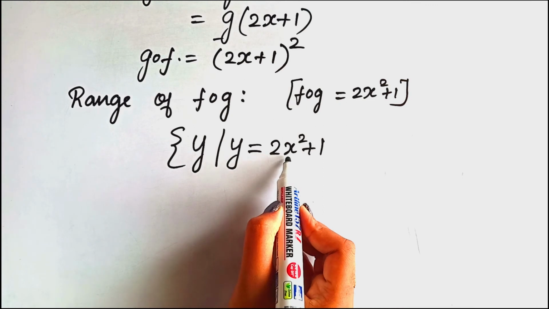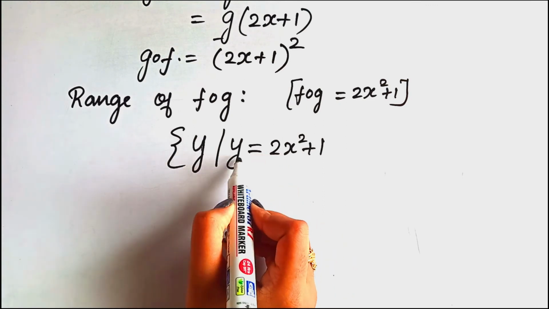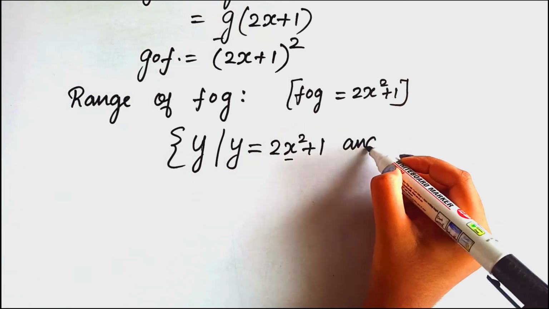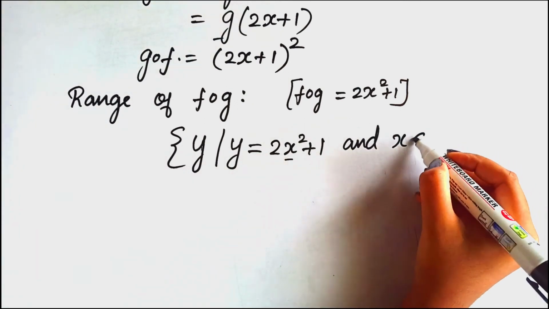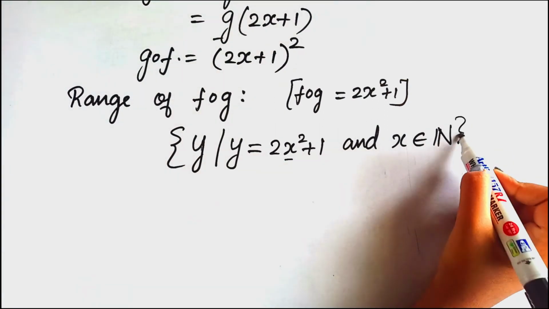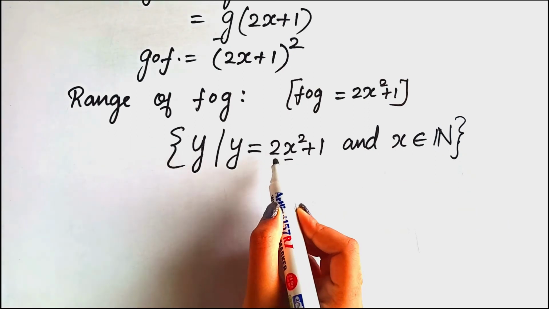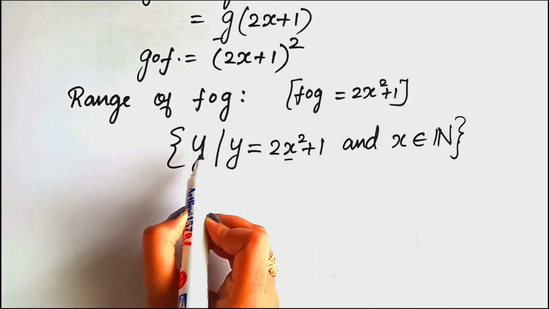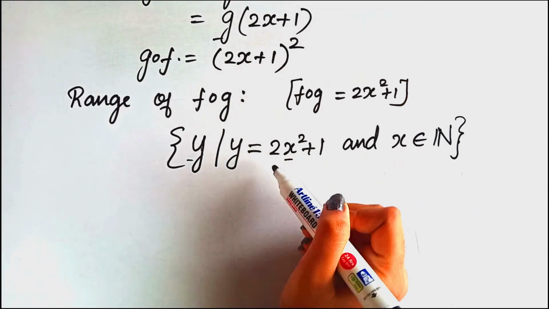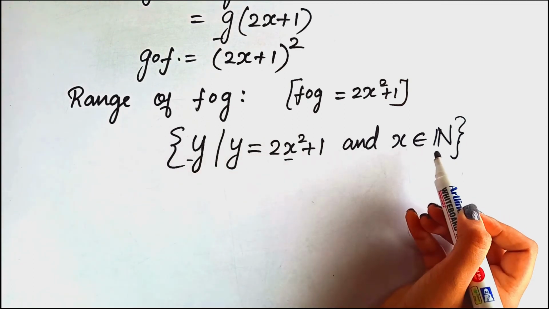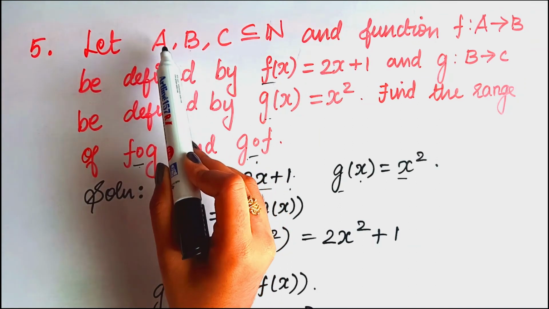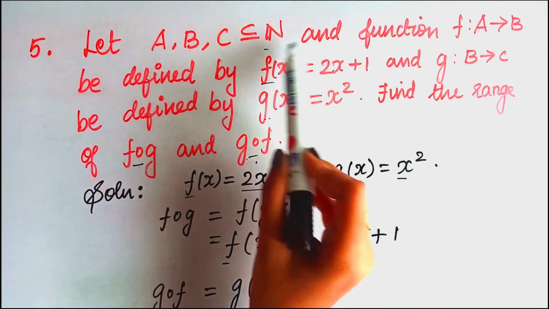Now we have described y, and next we have to describe x. So we say x belongs to the natural numbers, since in the question they have already said that A, B, C are natural numbers.